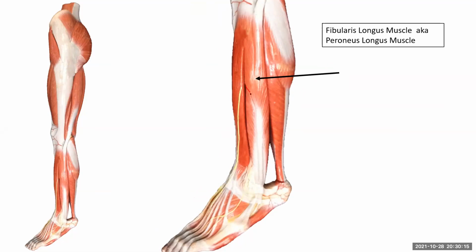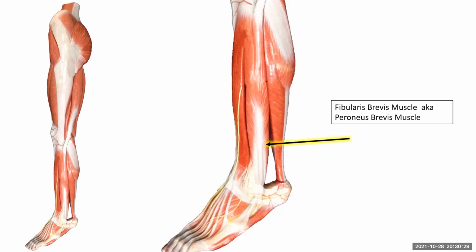Hopefully I won't mess it up, but here's the muscle belly, then it comes down here to the tendon. So that's fibularis longus muscle. And then brevis is going to be closer to the ankle. So here you can see it down there. So here's the other part of brevis right here. Peroneus brevis or fibularis brevis.